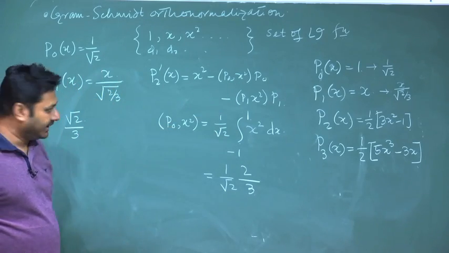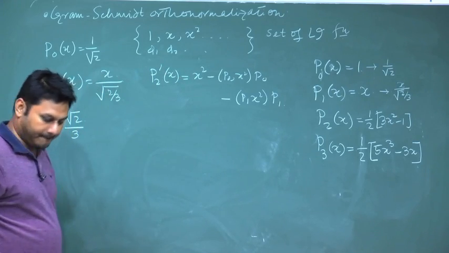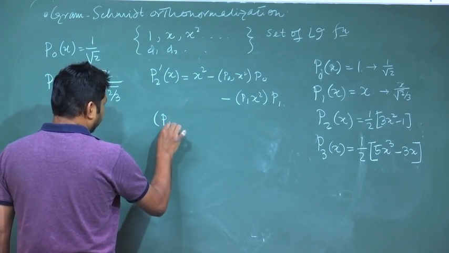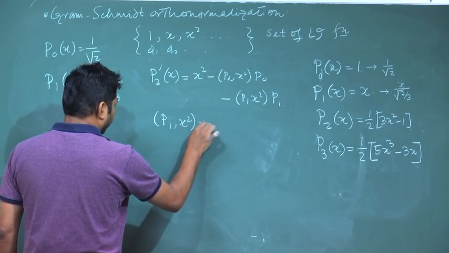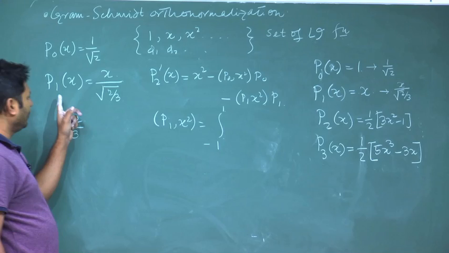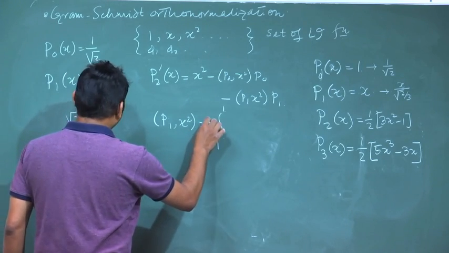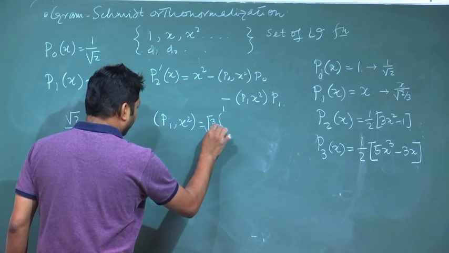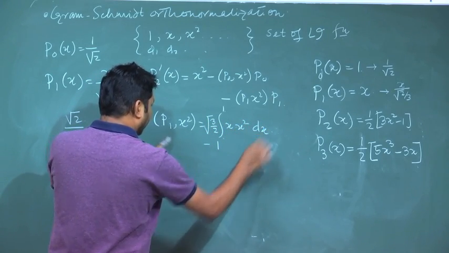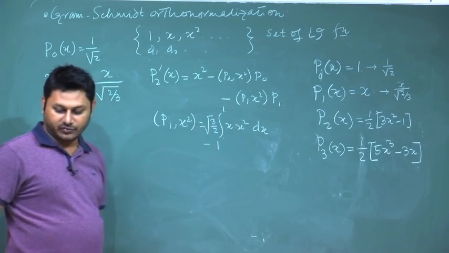What about the next quantity? The next quantity is the inner product of P1 and x square, which is from minus 1 to 1. What was my P1? P1 was this value. So, let me write root over of 3 by 2 outside, then x multiplied by x square dx. x times x square is x cube, which is an odd function, so it is going to vanish.